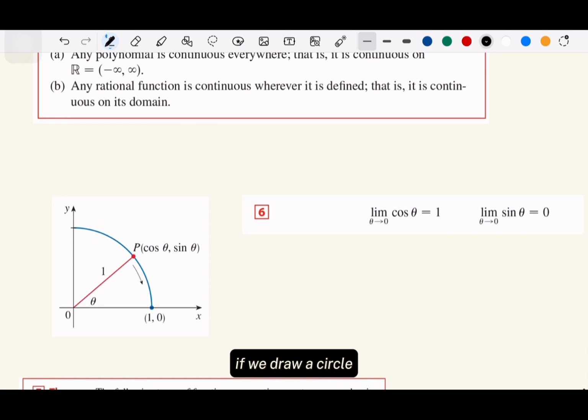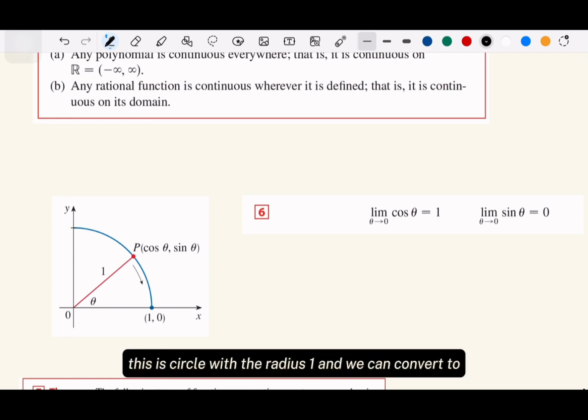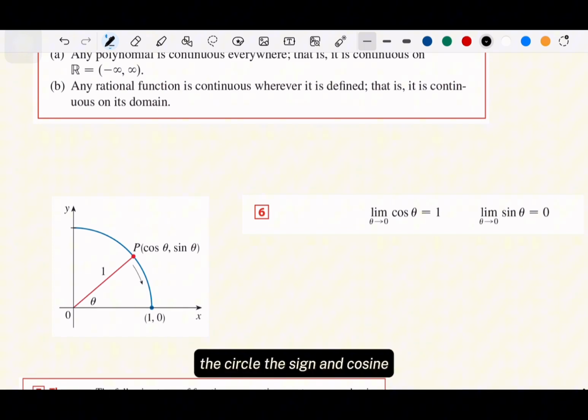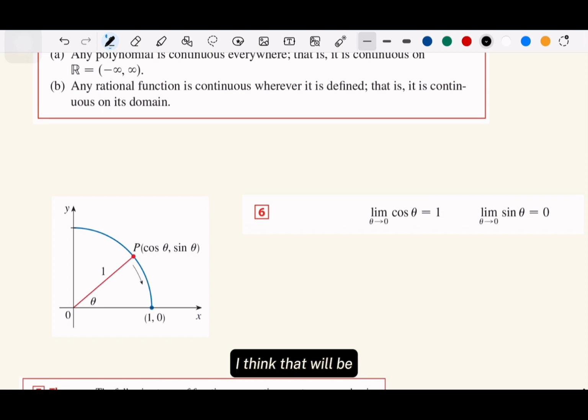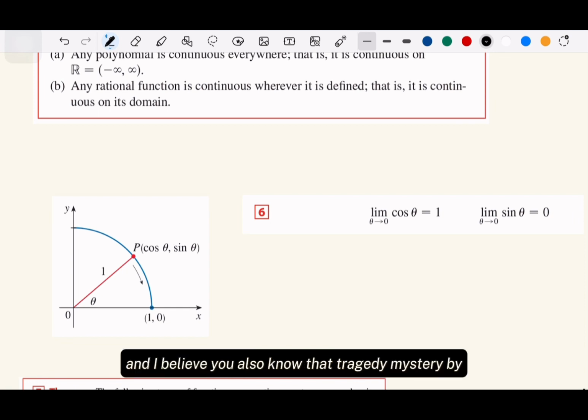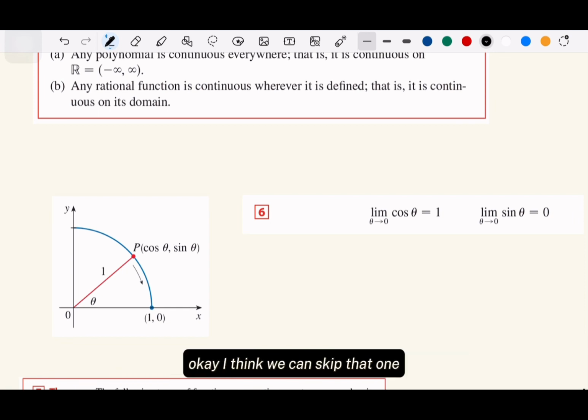If we draw a circle with radius 1, we can see that when theta approaches 0, cosine is 1 and sine will be 0. I think that will be very intuitive, and I believe you also know the trigonometry, right? Okay, I think we can skip that one.